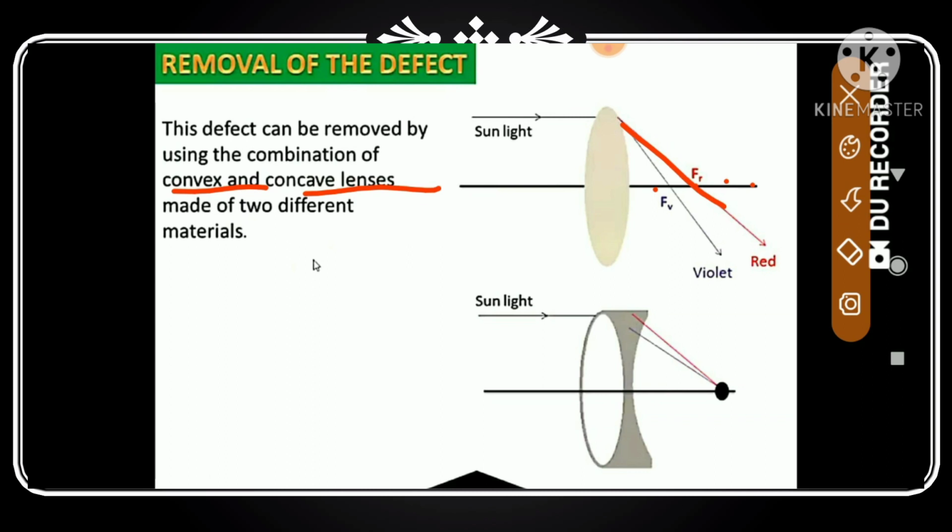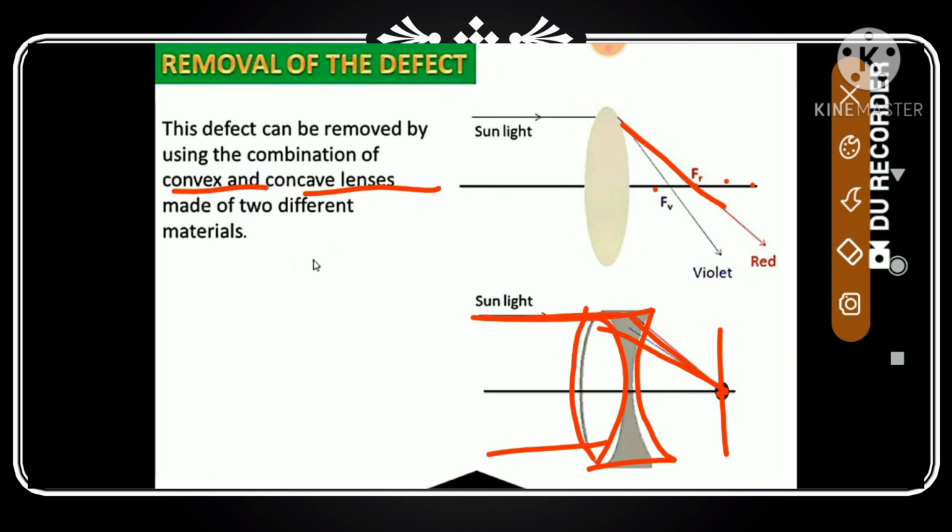Now what we have to do is remove that defect, so we are using a combination of convex lens and concave lenses. Why are we using a combination of convex and concave lenses? Because there are large peripheral rays, and the concave lens minimizes the angle, which minimizes the deviation, and we get an image at a single point, a well defined image.